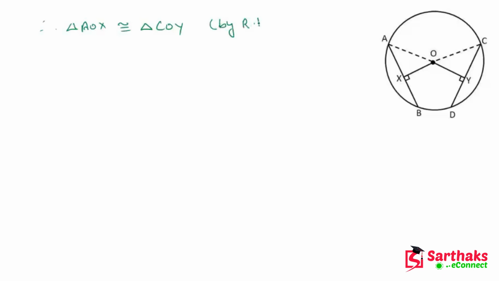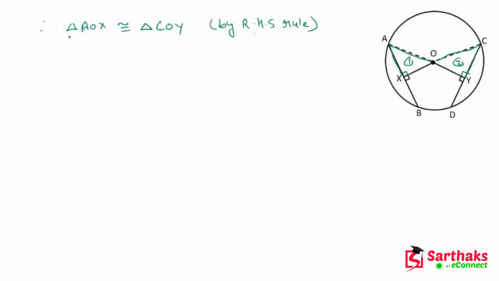By the RHS rule: right angle, hypotenuse, and one side. Similarly, right angle, hypotenuse, and one side. So these two triangles are congruent by the RHS rule.